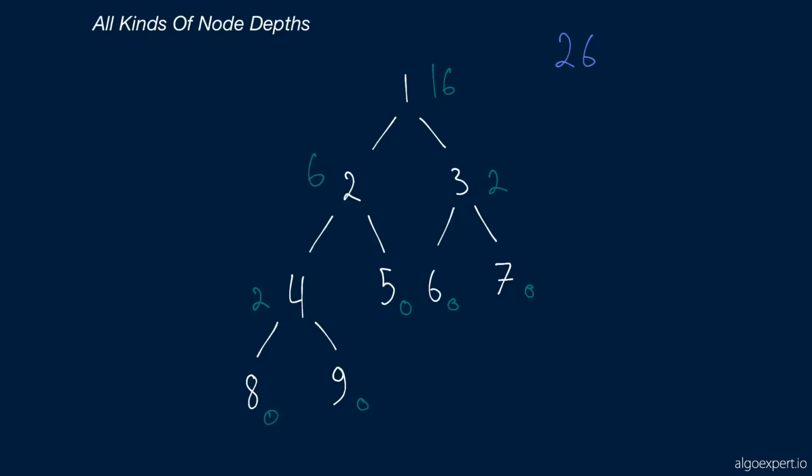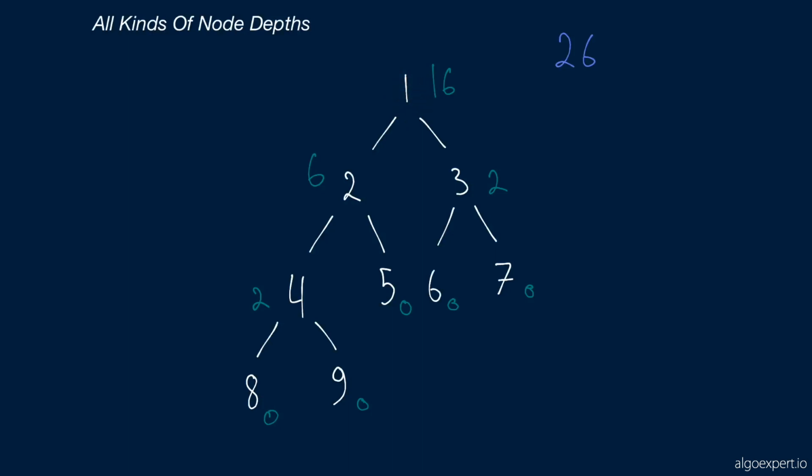Now, the other question that we have on AlgoExpert that deals with node depths was much easier, because all that it asked us to do was to return this value, this 16 here. It only wanted us to calculate the sum of node depths in the main input binary tree, the input binary tree rooted at the node that we were given.